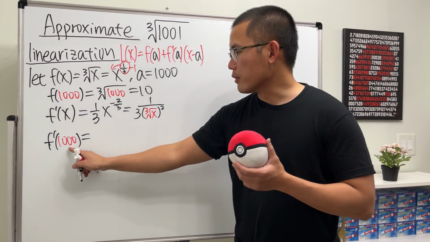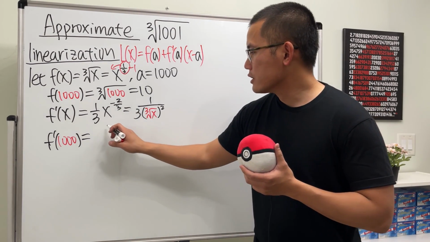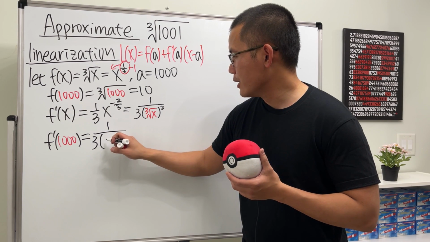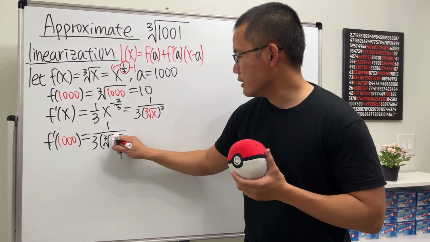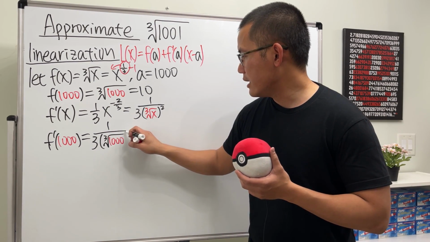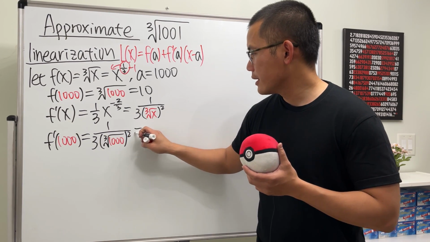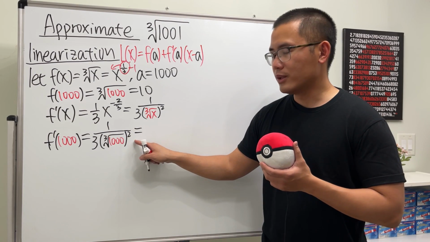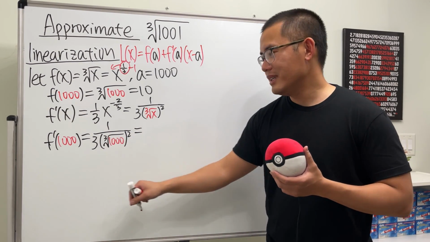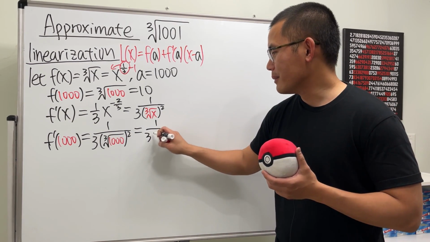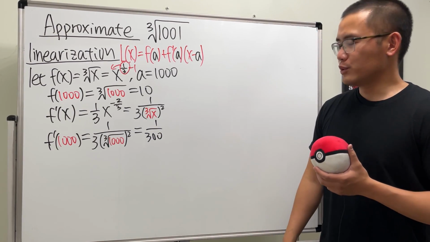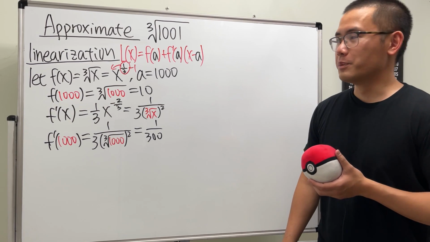And when we have 1000 for the x, we can just put that inside. So we get 1/3 times the cube root of 1000, and then square. Now check this out. This is 10. 10 squared is 100. 100 times 3 is 300. So the derivative is 1/300. It's actually a pretty small number.